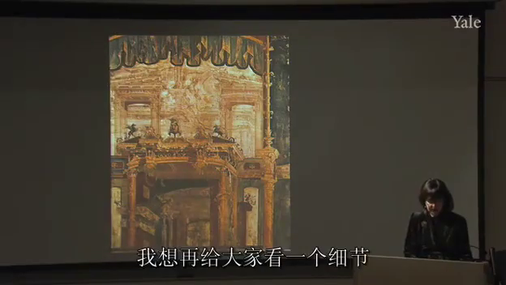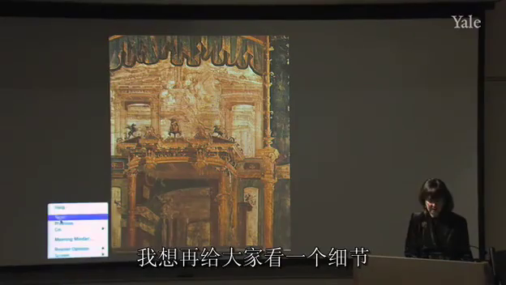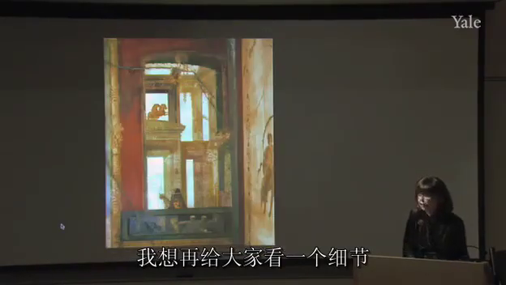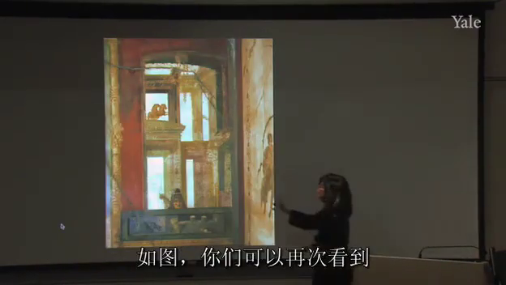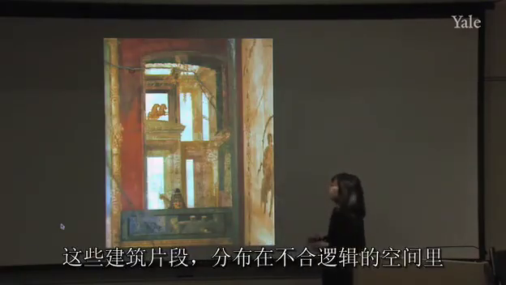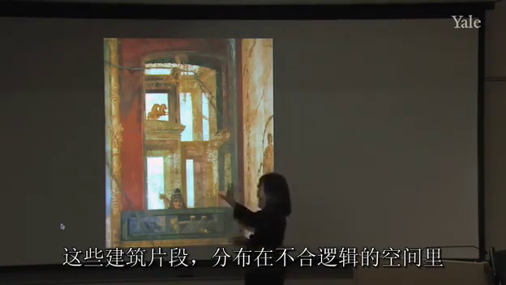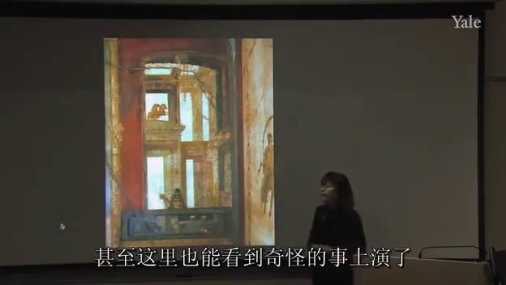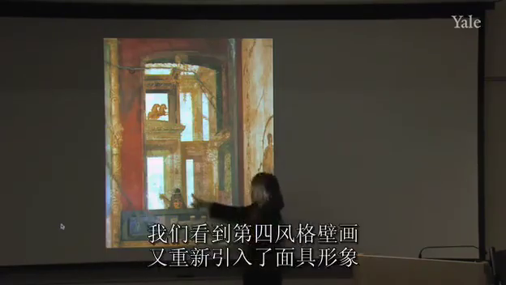And I think I meant to show you also one more detail here. You can see one of these elements with the fragments of architecture in illogical space in detail, and even here there are strange things going on. We see masks reintroduced in the fourth style.